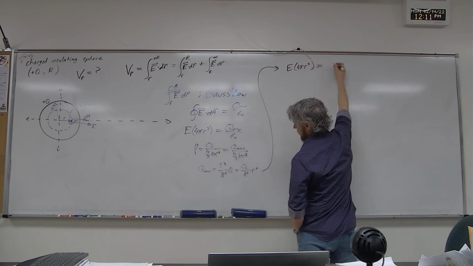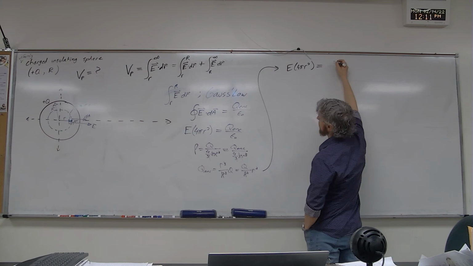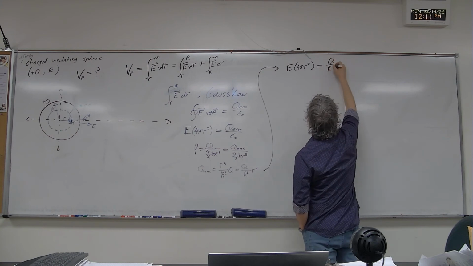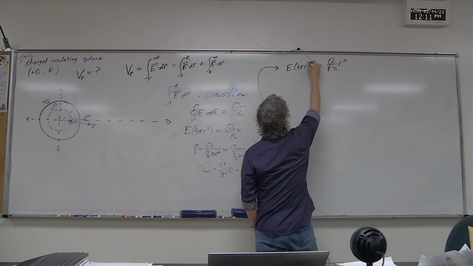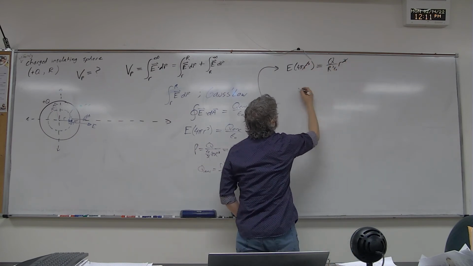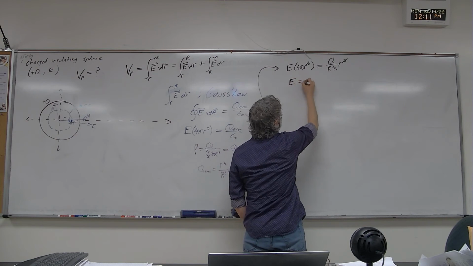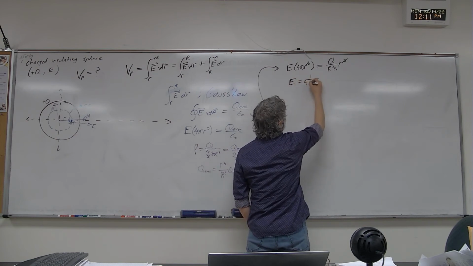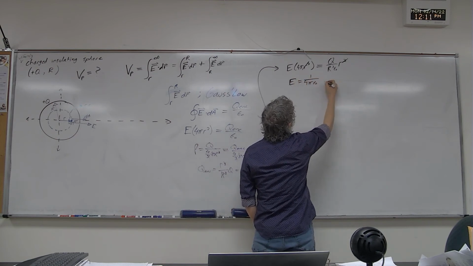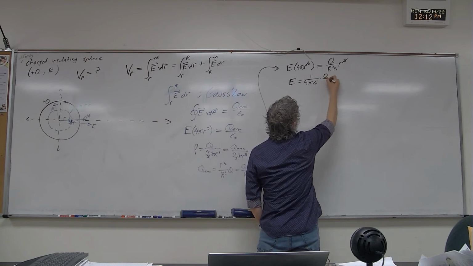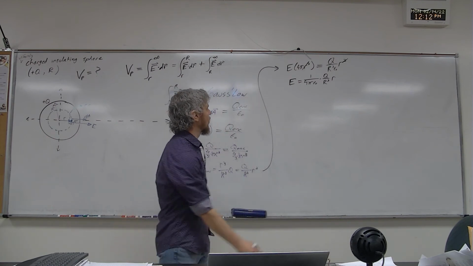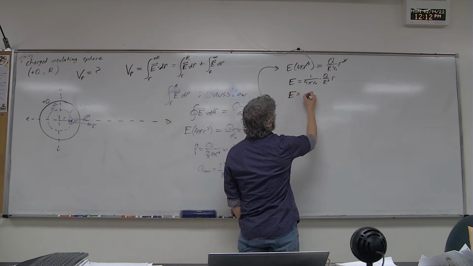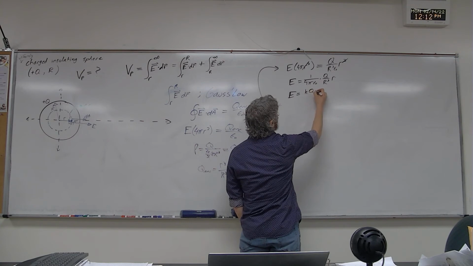So it'll be Q over R cubed epsilon naught times little r cubed, over 4 pi little r squared. So E is 1 over 4 pi epsilon naught times Q over R cubed times little r, right? Or, yeah, K Q little r over R cubed.